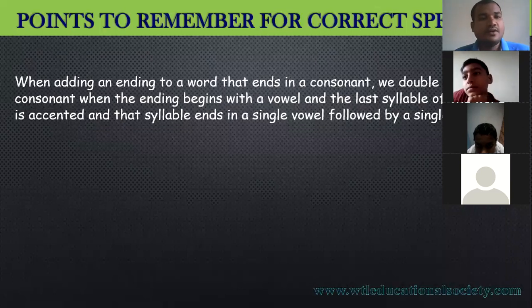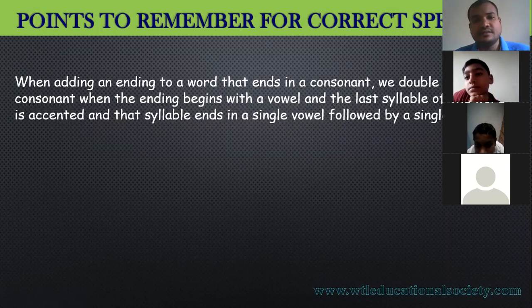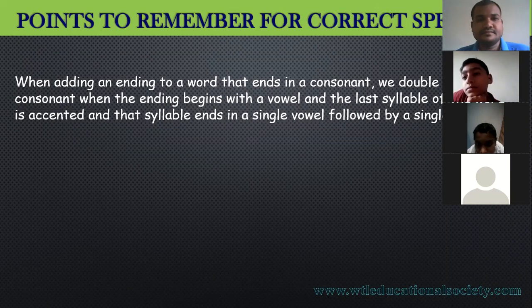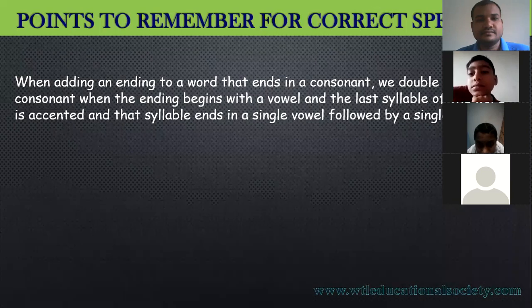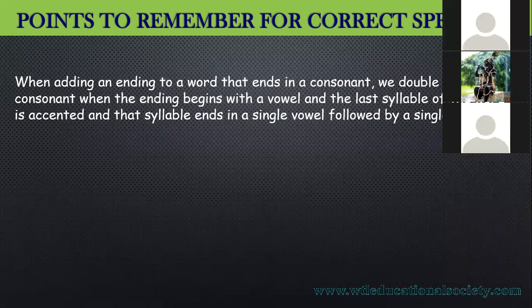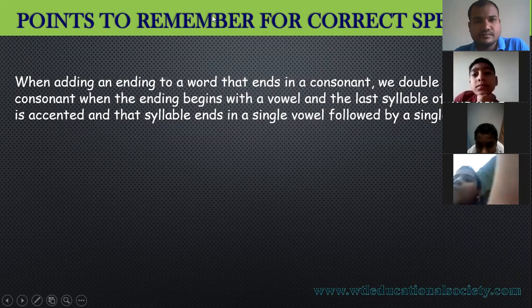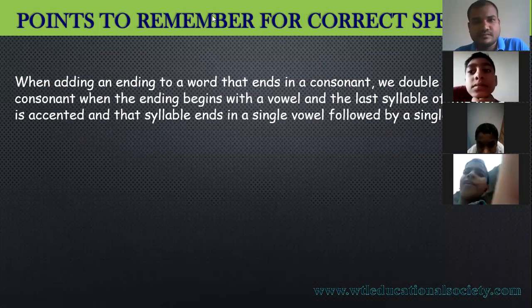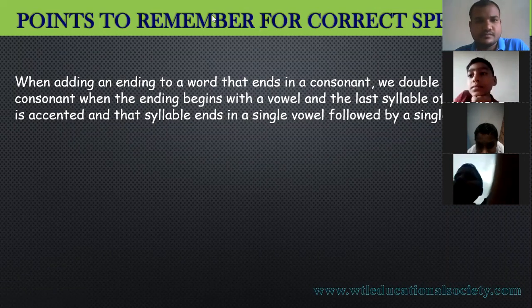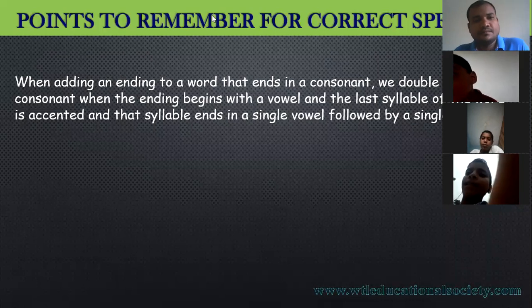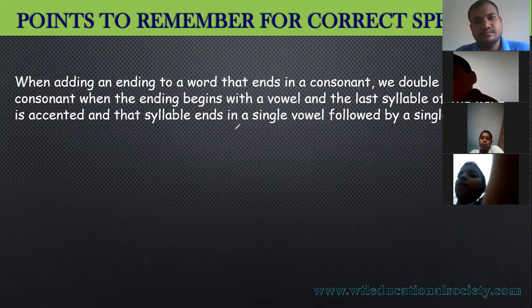So the next one. Uma Maheshwar, read it out. When adding an ending to a word that ends in a consonant, we double that consonant when the ending begins with a vowel and the last syllable of the word is accented and that syllable ends in a single vowel followed by a single consonant.